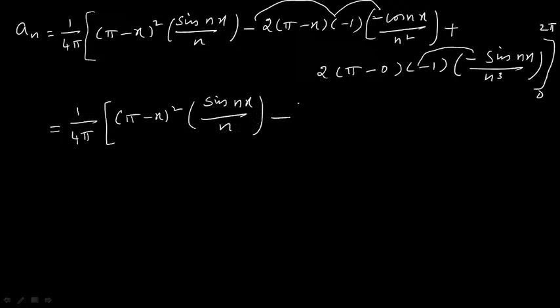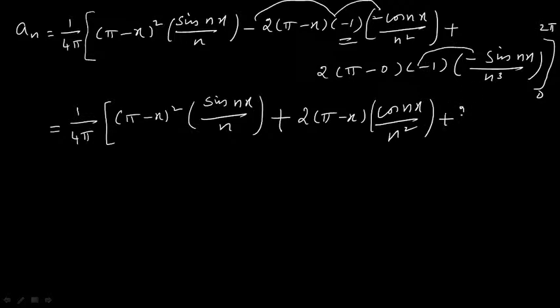Whereas in the second term we have 3 minus signs, so 3 minus becomes plus. Here we have plus twice (pi minus x). This minus and minus becomes plus, so no need to write this term. So cos nx divided by n square. Your next term: minus becomes positive, already you have positive, so plus 2 pi sin nx divided by n cube, with the limit from 0 to 2 pi.